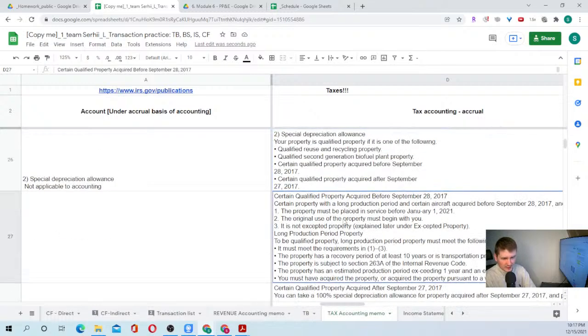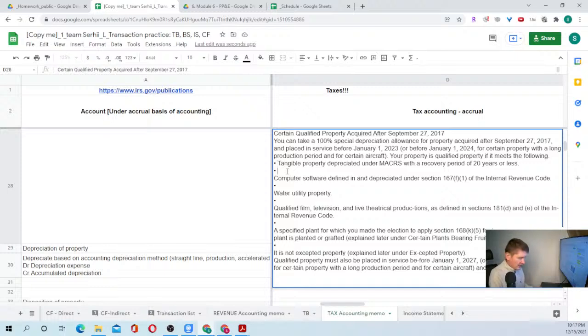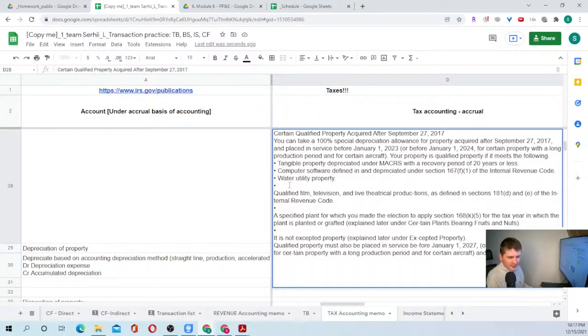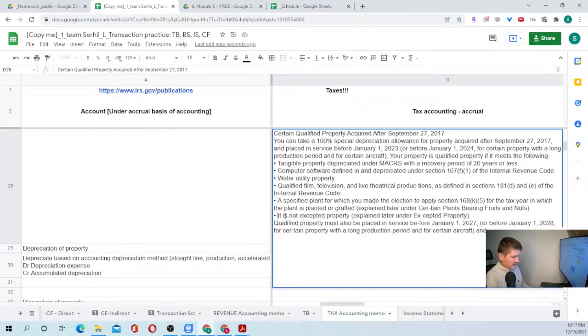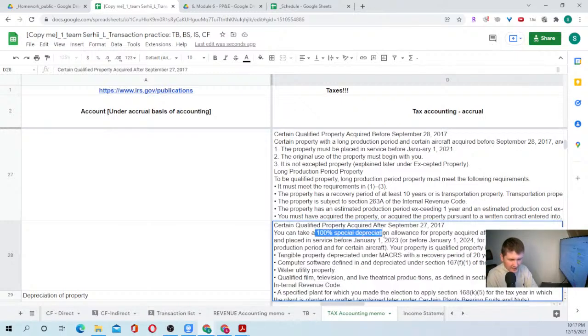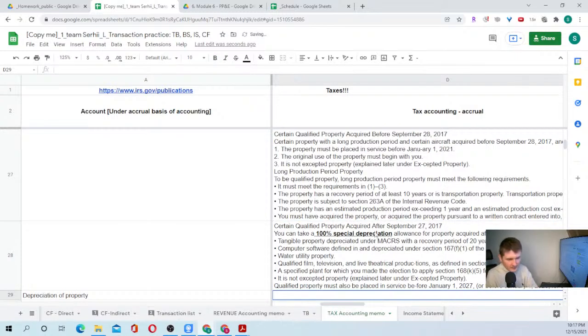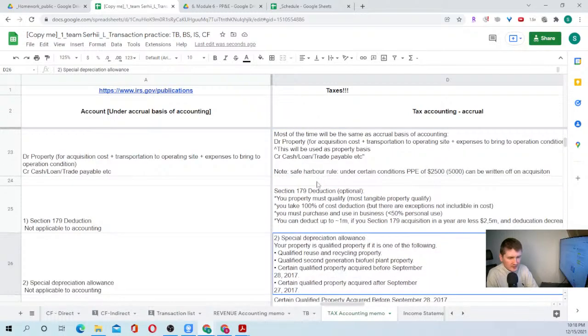And if it's acquired after September 17 but before 2023, so that's under Trump tax reform, you can take 100% special depreciation allowance. But that will expire in a few years. So when it expires, you will be able to take only that one or this one. Or if you're a small business, you also can take this one.